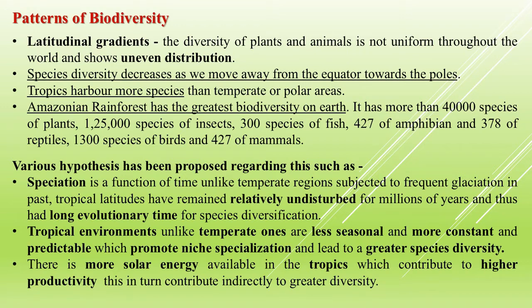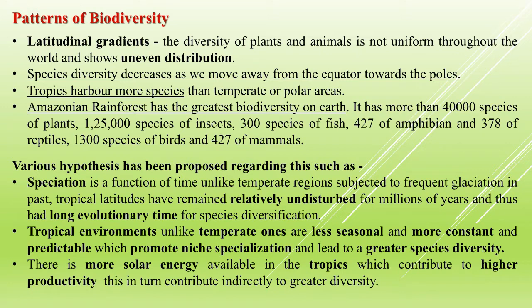Second one, the tropical environment is less seasonal and the temperature is more or less constant and predictable. There are no abrupt changes in the temperature or the environment. So it is more stable, which is suitable for species formation.